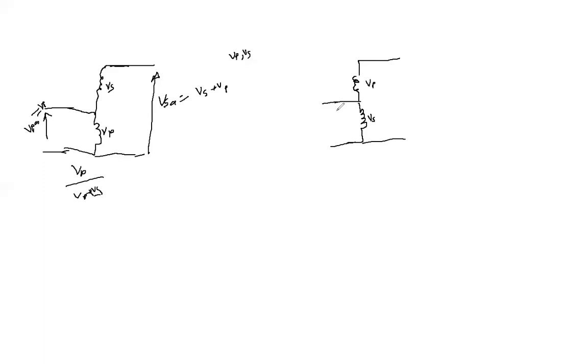And when you check this one, this is VPA, and this one is VSA, and that one is simply VS plus VP, and this one is equal to VS. So the name given to this arrangement is VS over VS plus VP.